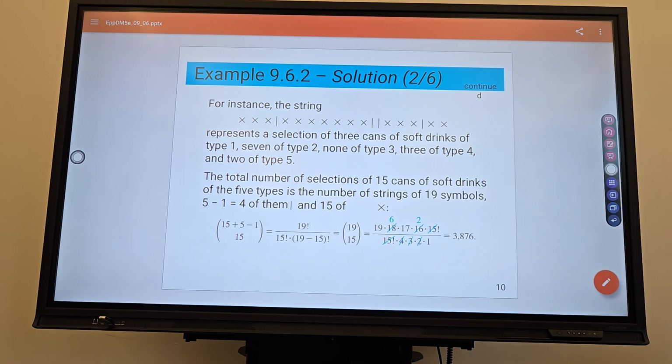For instance, this string here represents a selection of 3 cans of soft drinks of type 1, 7 of type 2, none of type 3, 3 of type 4, and 2 of type 5. The total number of selections of 15 cans of soft drinks of the 5 types is the number of strings of 19 symbols, 4 of them bars, and 15 of them X.